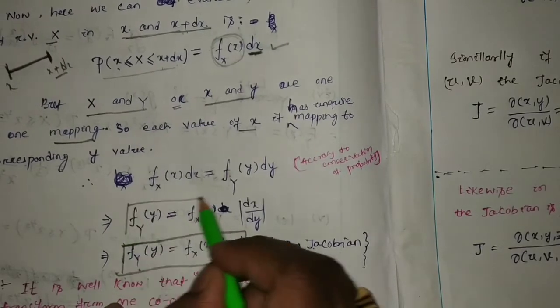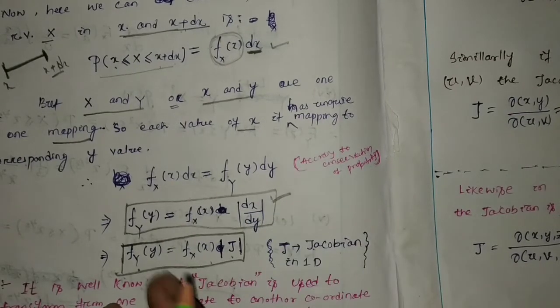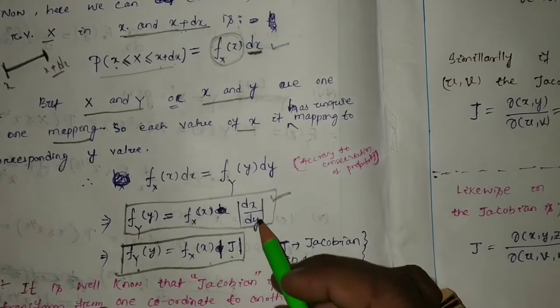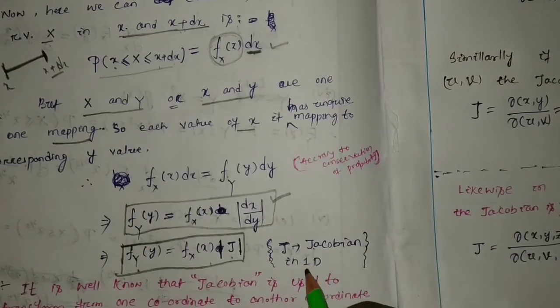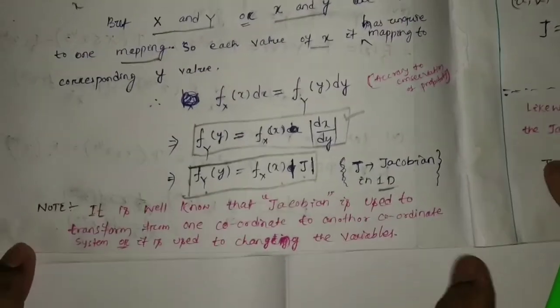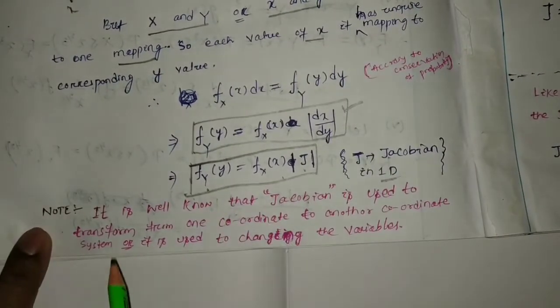That means here we have proved our theorem, and dx by dy is called your Jacobian in 1D.